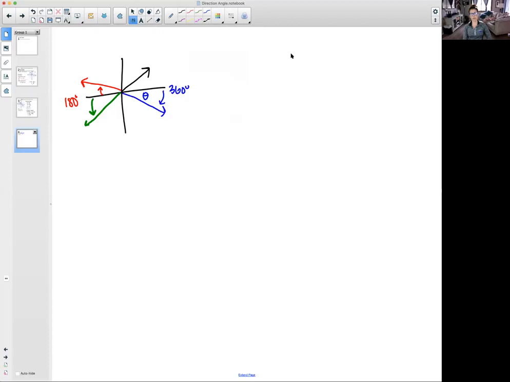So let me do one example where we get a kickback of a reference angle of, let's say, 17 degrees. If your vector is in the first quadrant, then 17 is your answer. That would be a 17-degree direction angle.